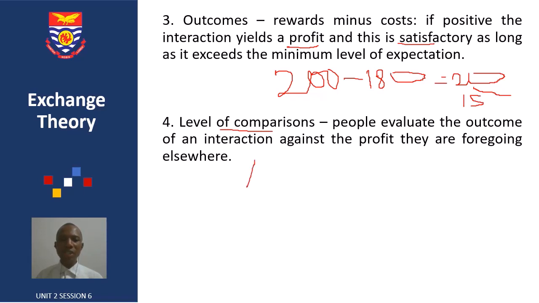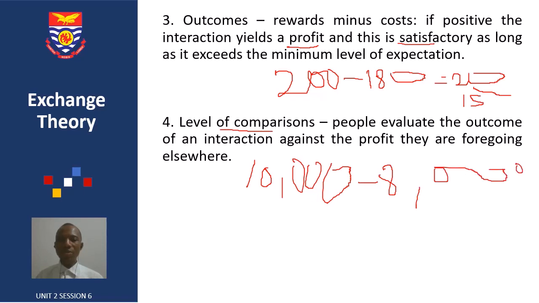Perhaps in current employment they are receiving 10,000 Ghana cedis, and the one they are foregoing was 8,000. Then it is better they stay in the current organization. However, if they are comparing salaries elsewhere that are far better than what they are enjoying, definitely they are going to leave the organization.